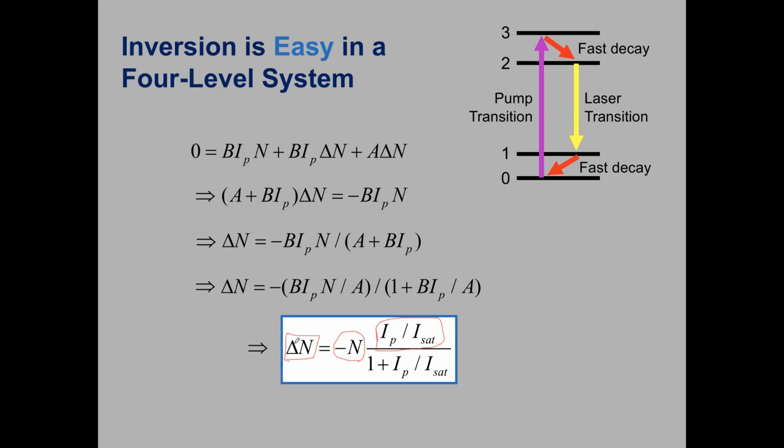There are always more atoms in state 2 than state 1. And you can always, in theory and in principle, no matter your pump intensity, get stimulated emission between states 2 and 1, with enough energy and enough atoms in state 2 to actually amplify your light.